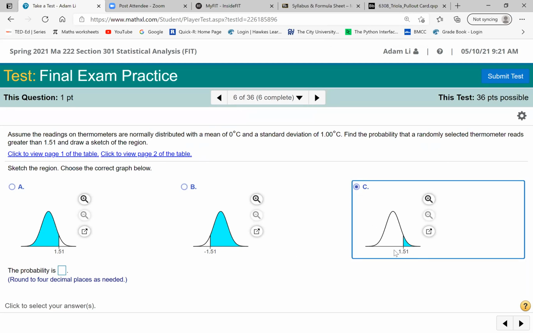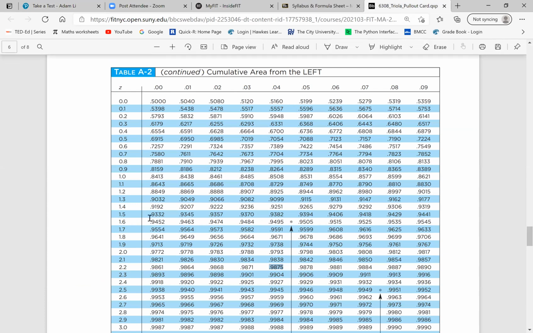And once we find out that this is the correct graph, now we're going to go to table A2 and look for the area to the left first. So go to 1.5 and find out what's the left area of 1.51. So 1.51 turned out to be 0.9345. So that's the area to the left, but we want the area to the right.